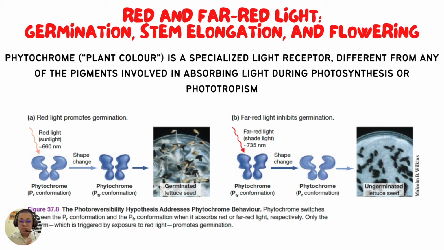But the far red light inhibits germination, because the PFR is the one responsible for the germination of seeds. If the PFR changes its shape into PR, the phytochrome PR, it inhibits the process of germination. So between red light and far red light, the red is the one responsible for germination.